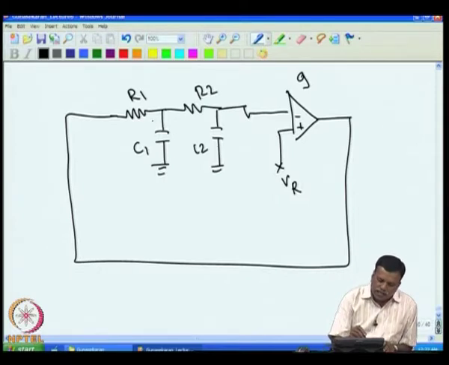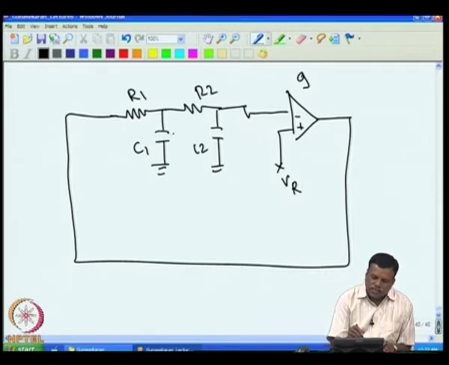Here we model this R1 C1 as the equivalent time constant of the oven. For example, if I apply a voltage to the heater, then the temperature of the oven slowly rises. Same thing happens here. I apply voltage here, then the voltage at this point slowly rises depending upon the time constant of this.